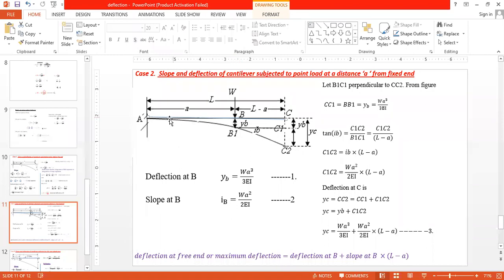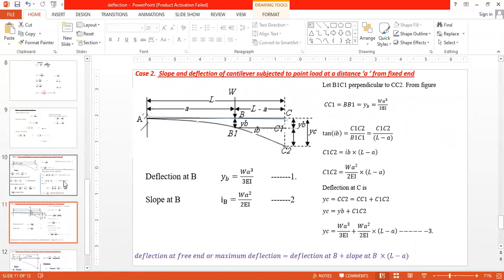Therefore, AB is A and BC is L minus A. Now, if the load is applied at this location, you can consider this as a free end because it is going to deflect like this.